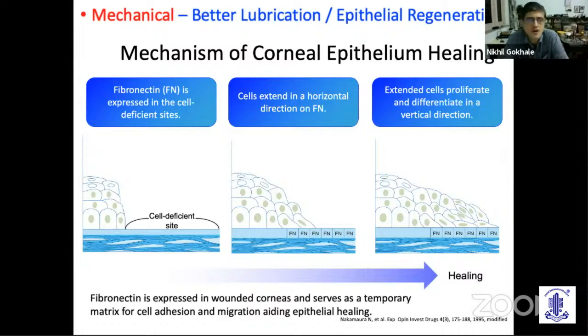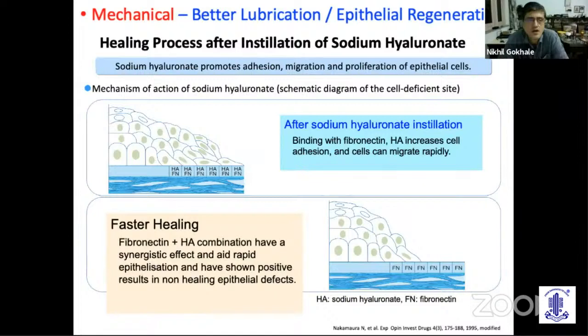Here we look at how sodium hyaluronate really helps the epithelial healing process. As I mentioned earlier, hyaluronic acid and fibronectin and CD44 are all overexpressed whenever there is an epithelial injury. So when we use exogenous hyaluronic acid as eye drops, there is binding of the hyaluronic acid to the fibronectin, which is laid down.